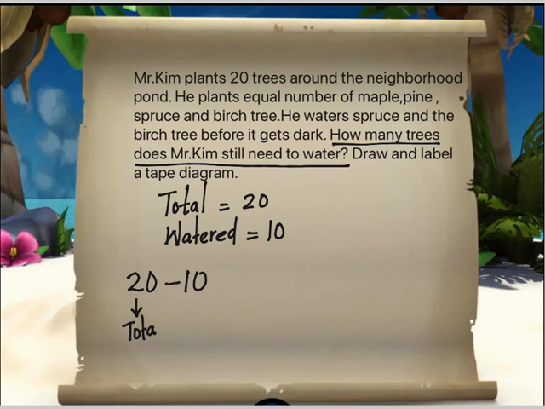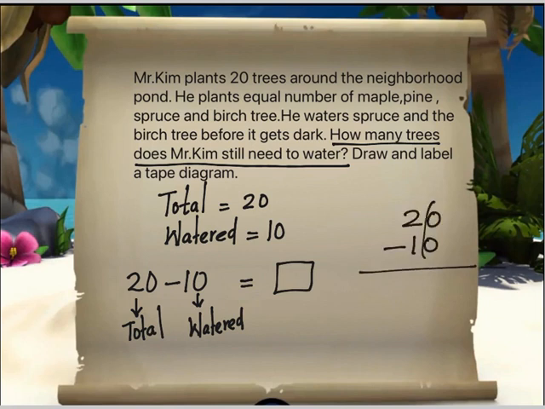So this is total, this is number of trees watered, equals what? We know that 0 minus 0 is 0, and 2 minus 1 is 1. So 20 minus 10 is 10.